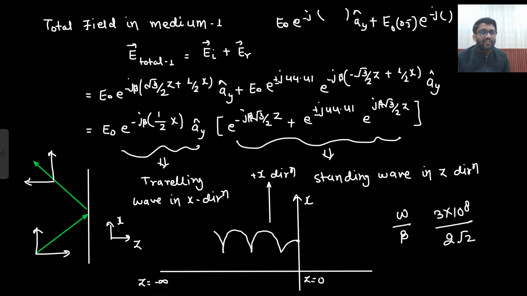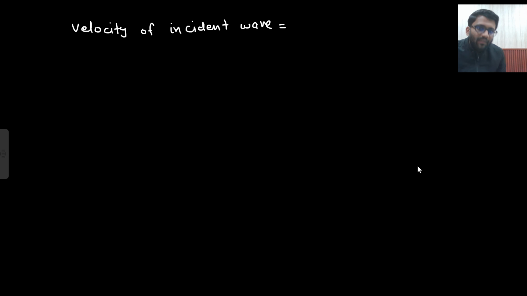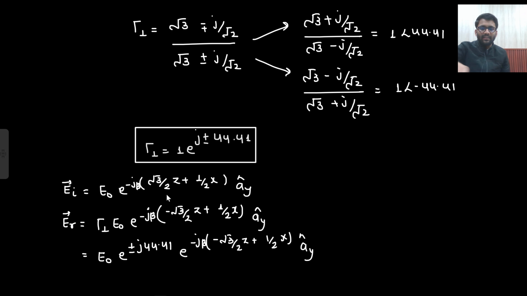If I ask you what is the velocity of the incident wave, in the incident wave there are both components, z as well as x. So the incident wave is traveling in the z direction as well as the x direction.